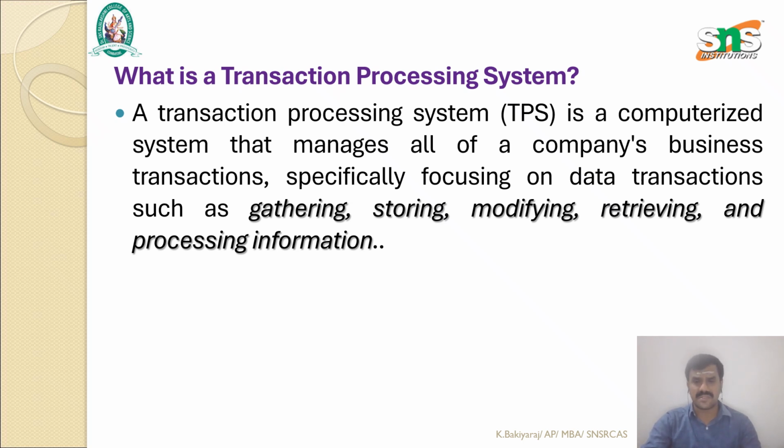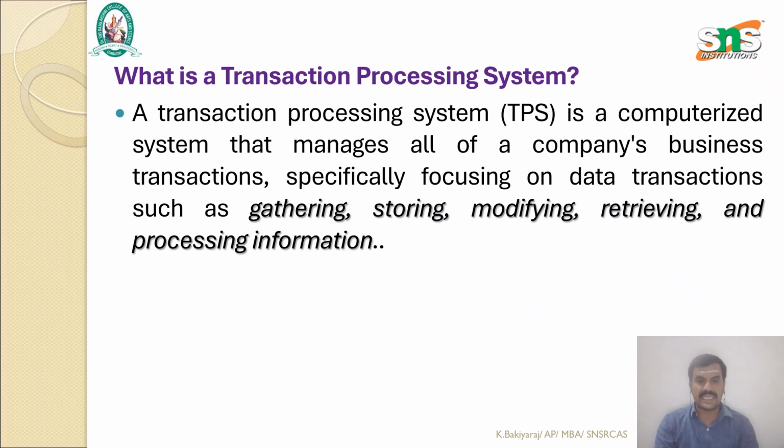A transaction processing system is a computerized system that manages all the company's business transactions, specifically focusing on the data and the transactions, such as gathering, storing, modifying, retrieving, and processing all the information together.